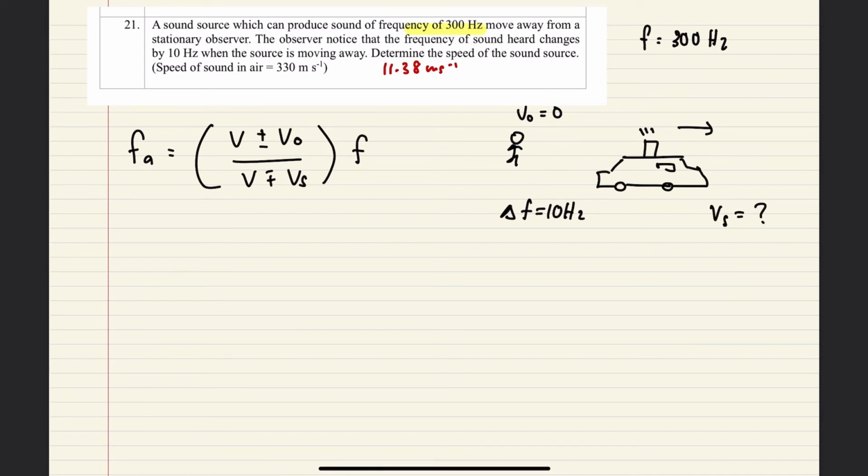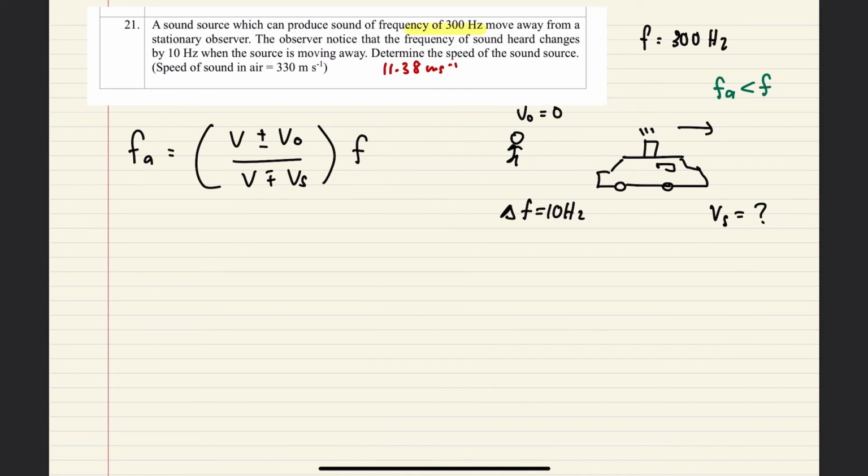Okay, so you know that the source is moving away, so you have to ask yourself, is the apparent frequency higher or lower? So it's moving away, you should hear it at a lower frequency. So you know that FA is less than F, the actual one. So the difference already says that it is 10.